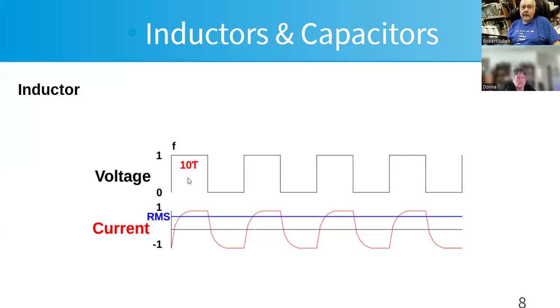It turns out that when you're charging an inductor or a capacitor, either charging up the magnetic field or charging up the electrostatic field, it charges up with this curve.